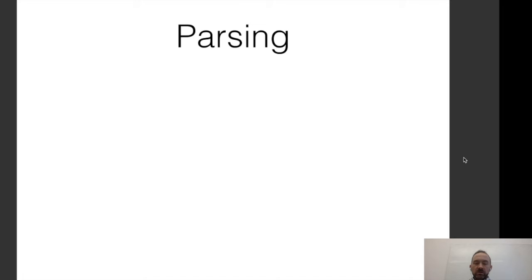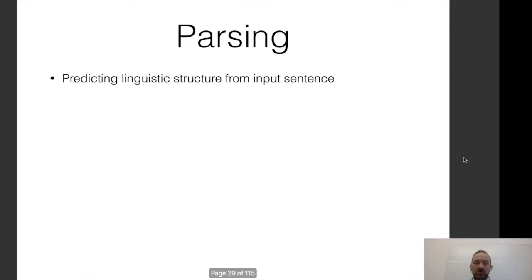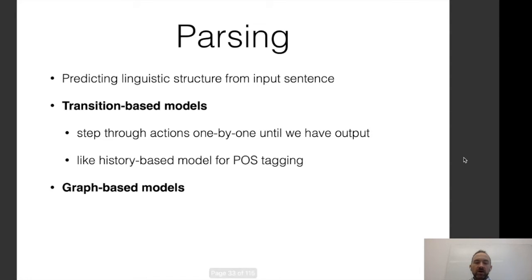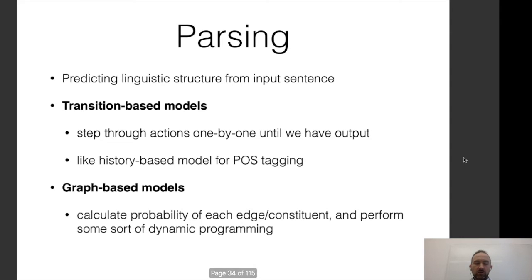So parsing is essentially predicting linguistic structure from the input sentence. And there's two major methods for how we can do this. First one is a transition-based method, which we step through actions one by one until we have an output. And also graph-based methods, where we essentially calculate the probability of each edge or constituent and then perform some sort of dynamic programming.